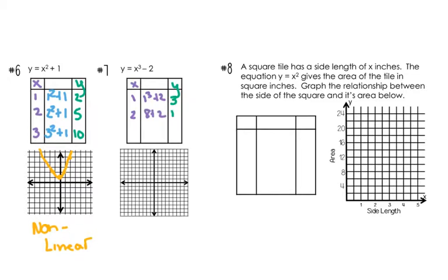Now we already know we can't get 10 on the board, so I might start going the other way. So let me try 0. So 0 cubed, 0 plus 2 is 2. And then if I did negative 1 cubed is negative 1, plus 2 is 1. So for negative 1, we would get a positive 1.